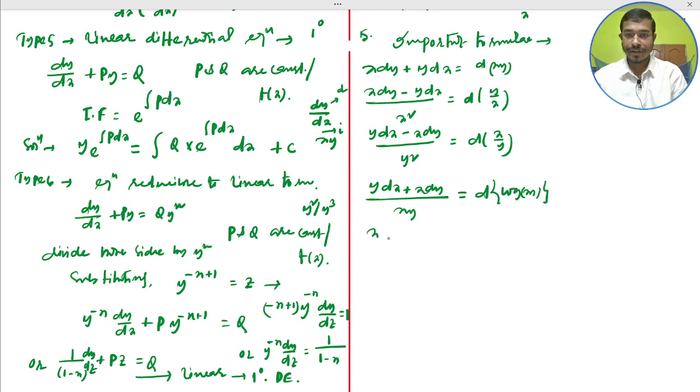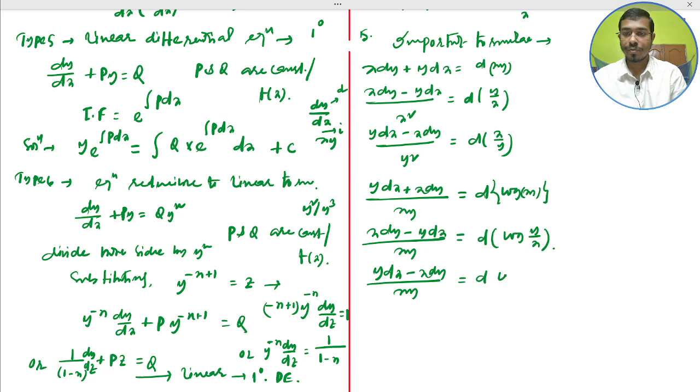Next, x dy minus y dx divided by xy becomes d of log of y by x. Next, y dx minus x dy divided by xy becomes d of log of x by y. This would be the inverse.